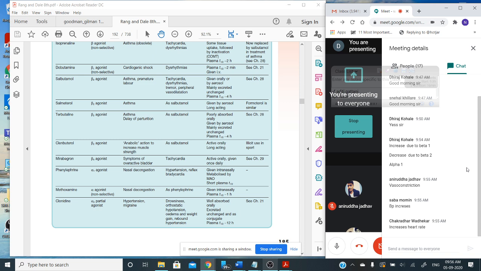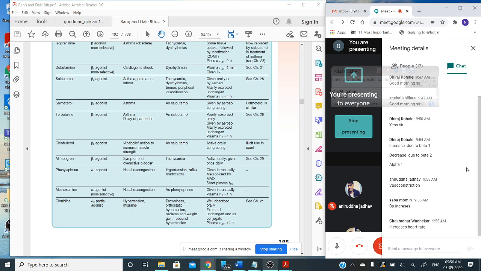Why? Because the alpha 1 effect and beta 1 effect were stronger than the beta 2 effect. Alpha 1 comes first, therefore the beta 2 effect could not be seen, or there was very little change in diastolic blood pressure.